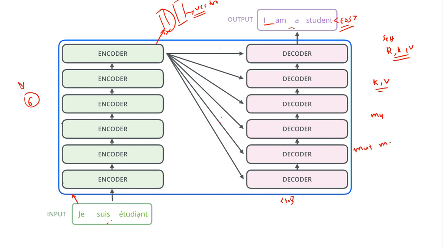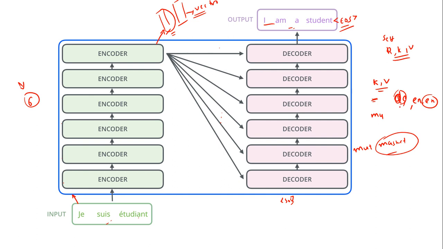One is called masked multi-head attention and the other is normal multi-head attention. I'll tell you later what masked multi-head attention is. In the other multi-head attention, we'll be passing the query, which is the decoder output, and we'll be passing the encoder's output here.